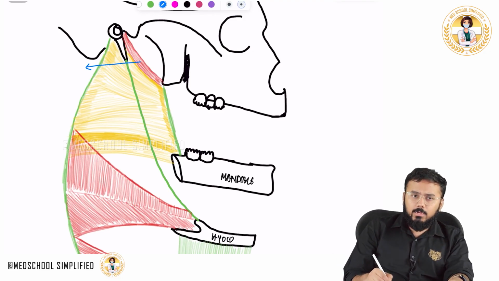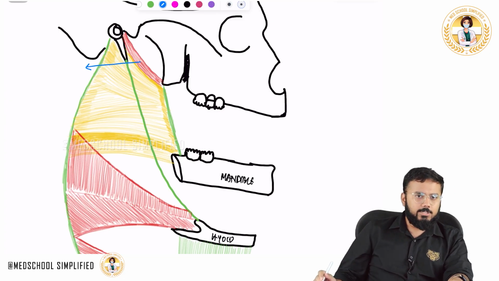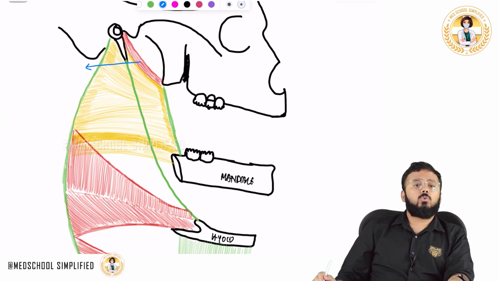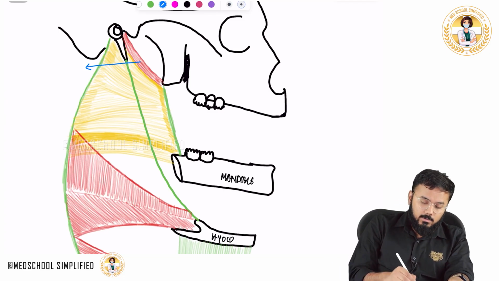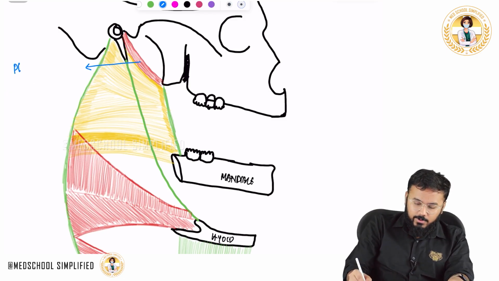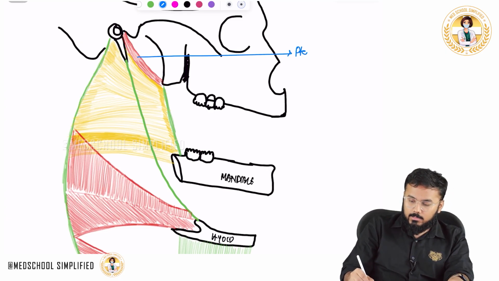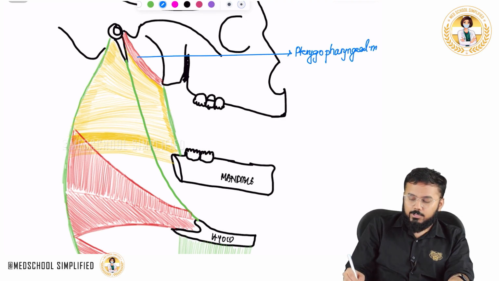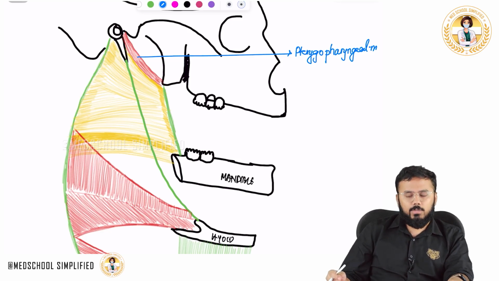All the way from the pterygoid region, from the pterygoid bone, it is going and attaching to the pharynx. So this muscle is called the pterygopharyngeal muscle. Let me write it in the front itself, it would be easy. This muscle is called the pterygopharyngeal muscle.